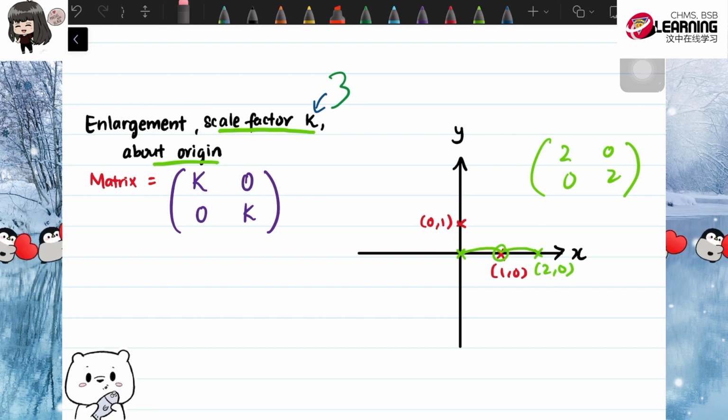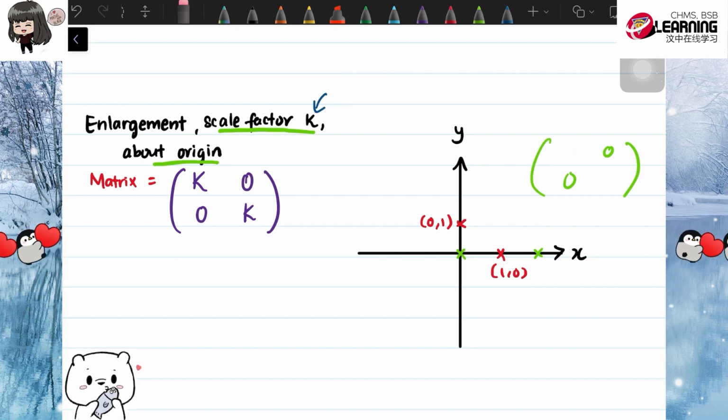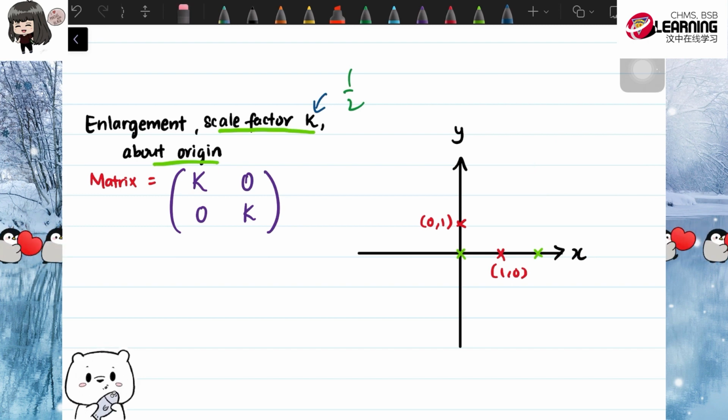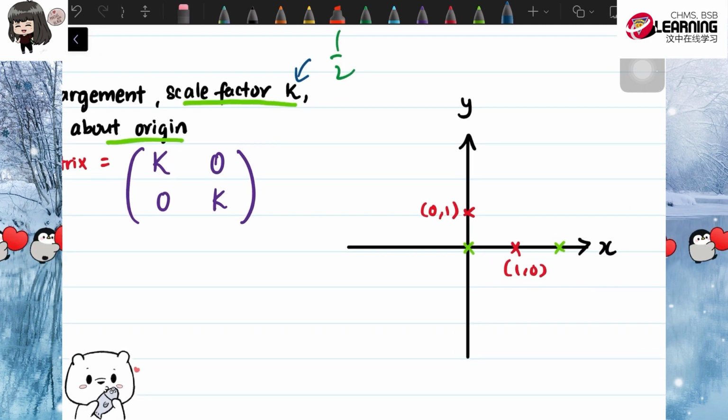What if it becomes smaller? Let's say scale factor half. Scale factor half means it becomes smaller. So if it becomes smaller by half, 1, 0 will become the point in the middle here, which is at half, 0 or 0.5, 0.